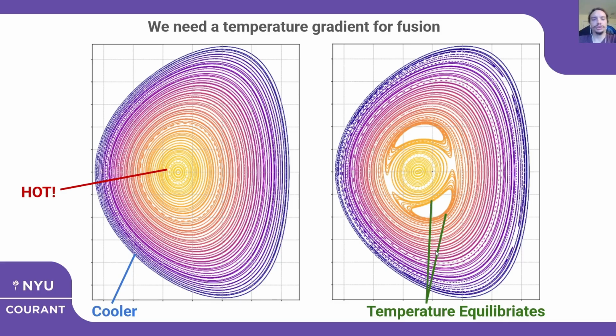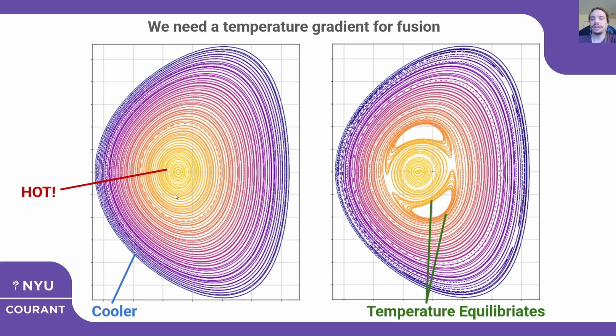Why is it important to try to reduce islands of chaos? Because the whole point of using a plasma for doing fusion is that we can get a really nice temperature gradient. With the magnetism, we can levitate the plasma in the air using our big coils as it moves around the device. And so we can get the really, really hot part of the plasma, which is just as hot as the sun, to stay in the center of the device.